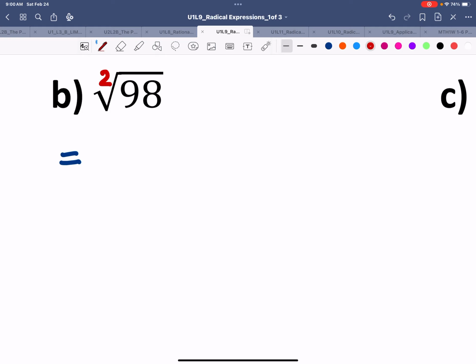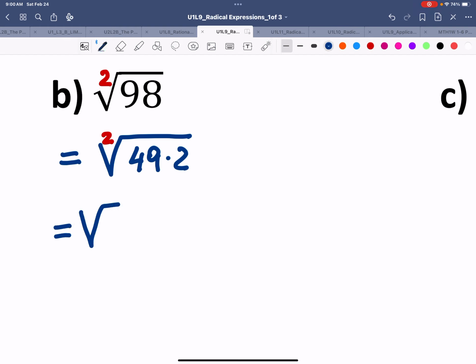So we'll write 98 now as 49 times 2. So index 2. Or if you want to write it in power form so you can show the work in here, that would be equal to 7 squared times 2.